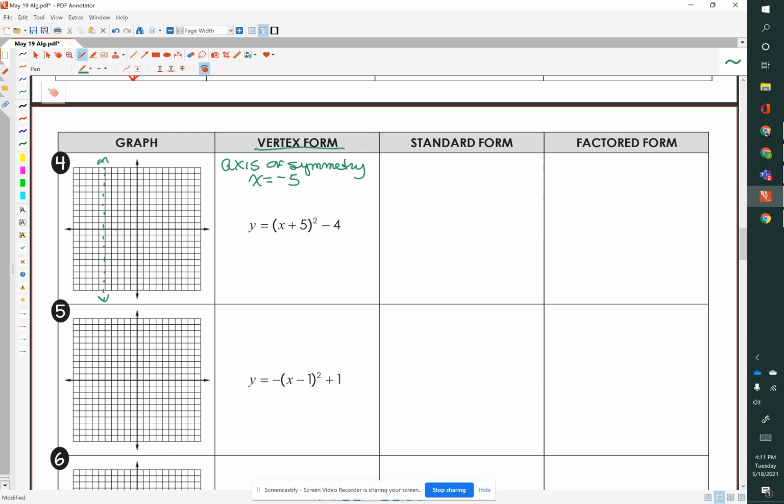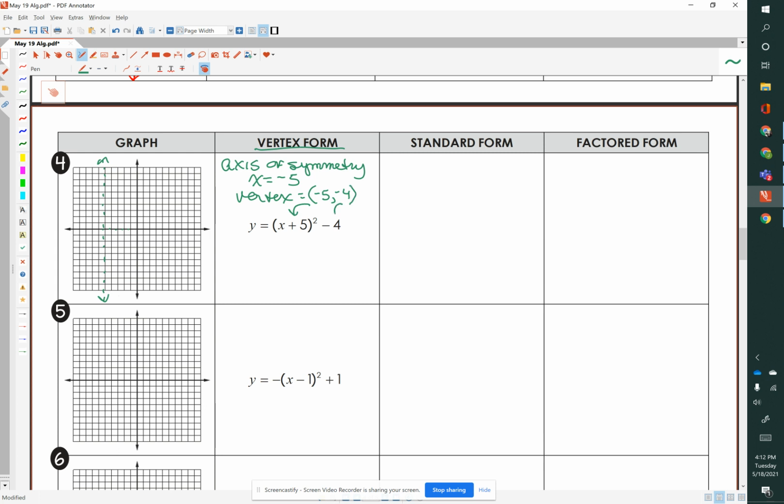Now let's find the vertex. The vertex will be an ordered pair, x, y, which is going to be -5, -4. We get the -5 because in the vertex form, we take the negative of that sign right there.